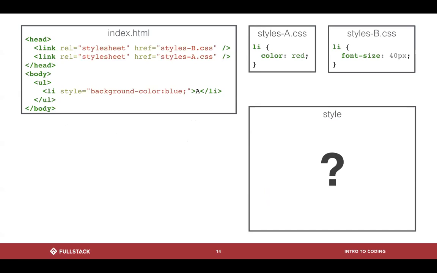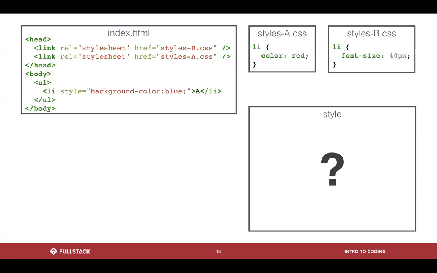So here's an example of what I'm talking about. We have 2 style sheets, style sheet B and style sheet A. As you can see, style sheet A comes after style sheet B. On the right, in those 2 boxes, you can see that style A selects all list items, all the bullet point type items, and changes their font color to red.